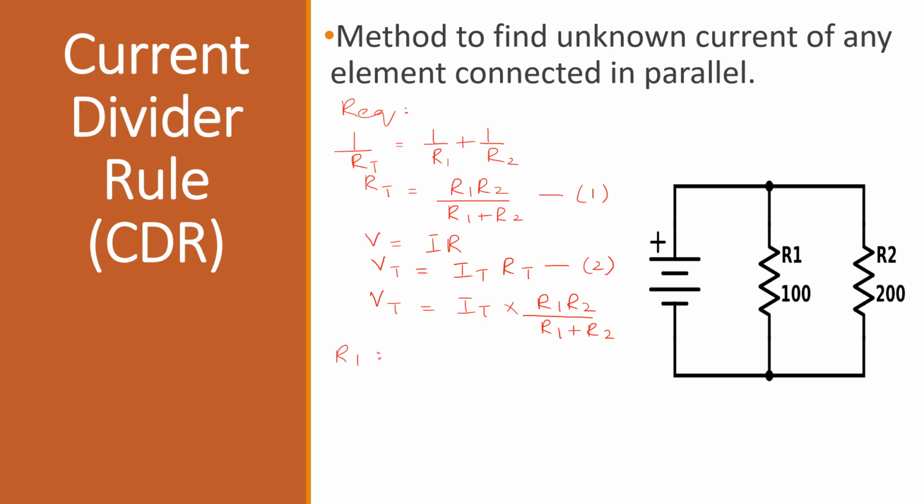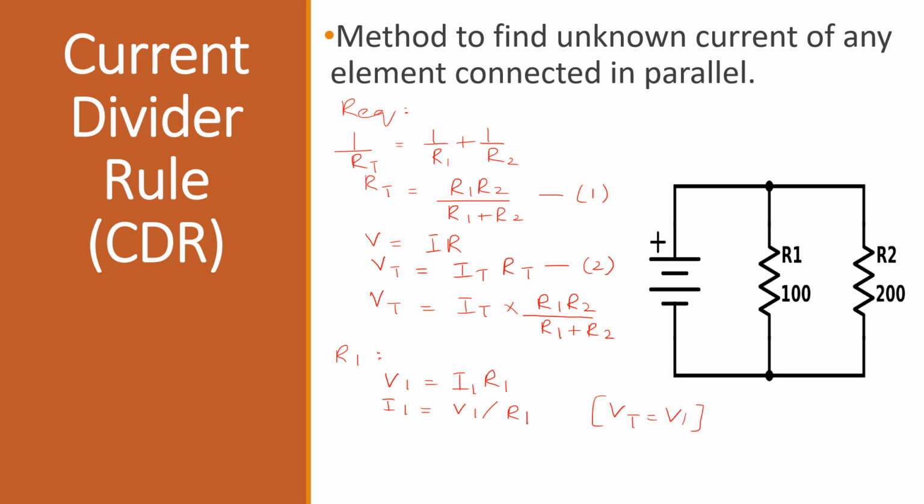Now, what will be the equation of Ohm's law for resistor 1? It will be V1 is equal to I1 R1, or I1 is equal to V1 divided by R1. Now, we know that in a parallel circuit, voltage remains the same. So, it means Vt is equal to V1.